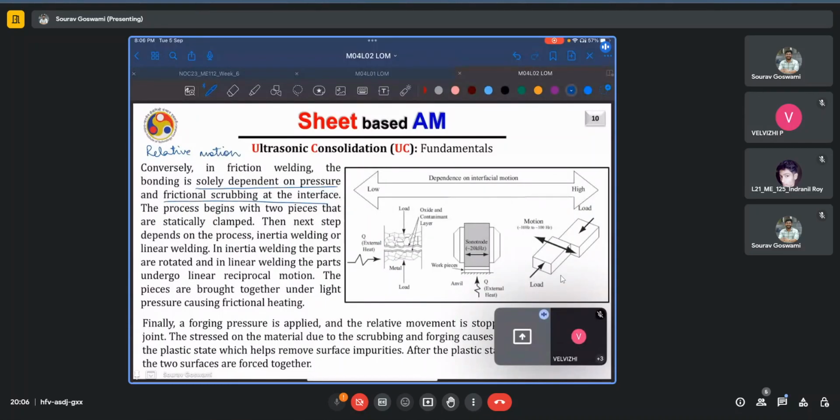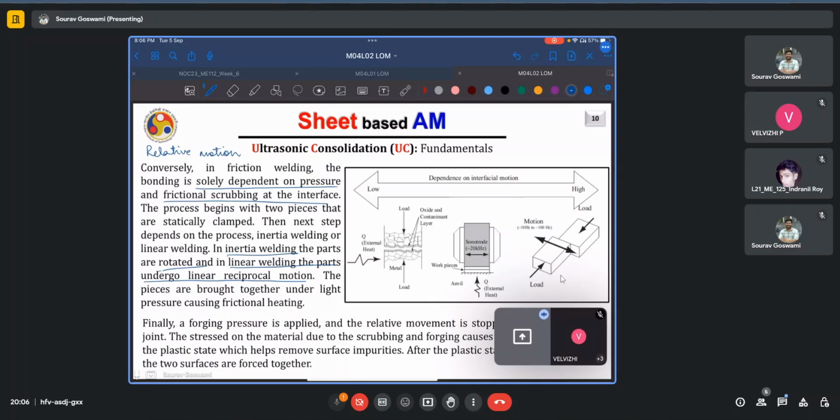The process begins with two pieces that are statically clamped, and if we have inertia welding, this might involve a rotation or relative rotation between the two mating parts. In inertia welding, the parts are rotated, and in linear welding, the parts undergo some linear reciprocal motion.